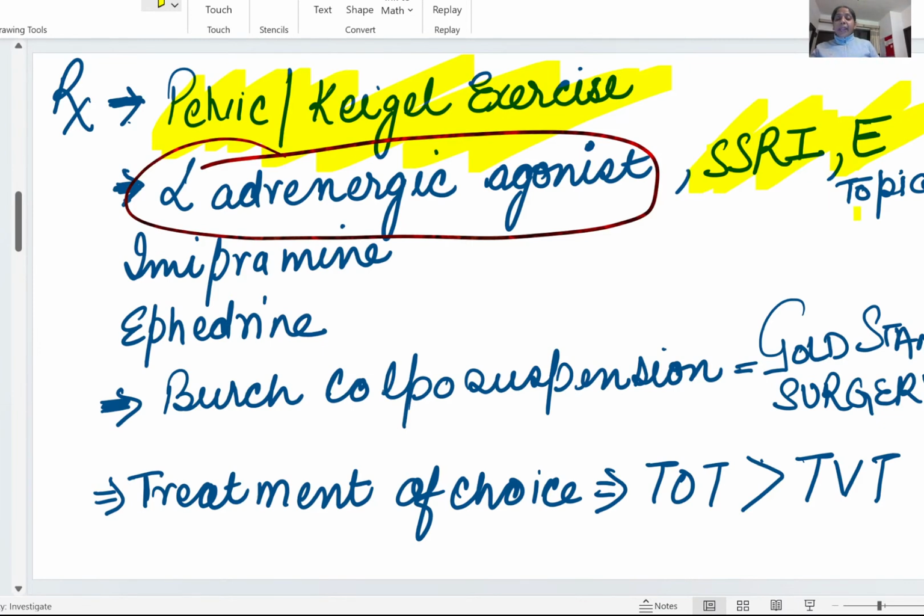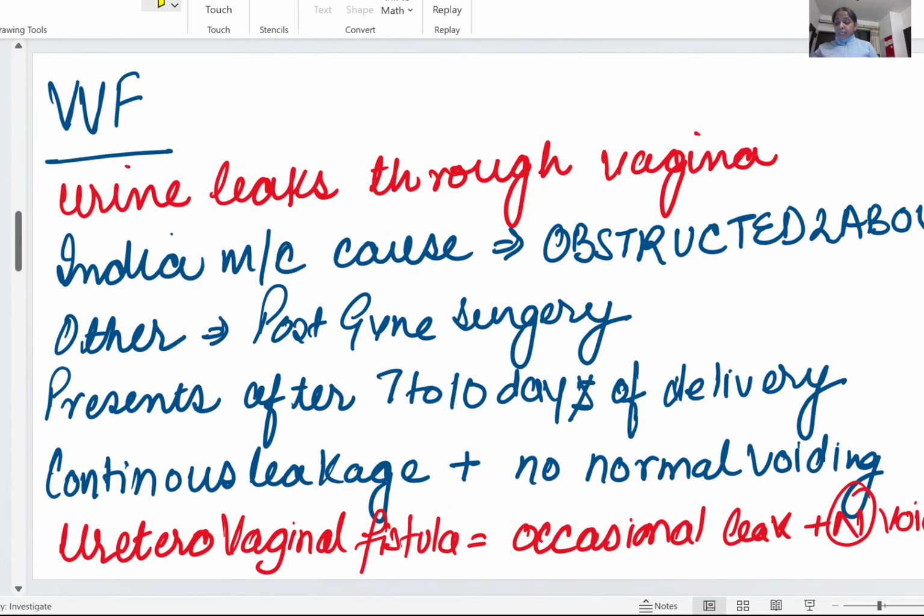And what is the surgery? The gold standard surgery is Burch colposuspension. But the treatment of choice is transobturator tape or transvaginal tape. So if they have used the words gold standard surgery, it is Burch colposuspension.